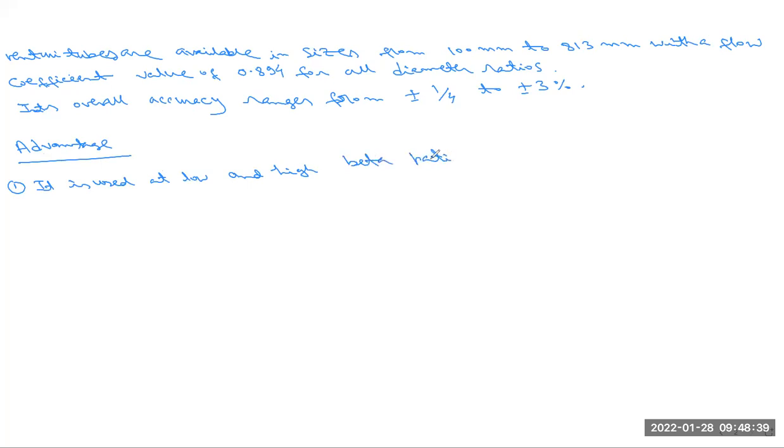That means where a minimum pressure level is available or higher pressure measurement is available, in that case you have to use the Venturi tubes. So this is very advantageous.